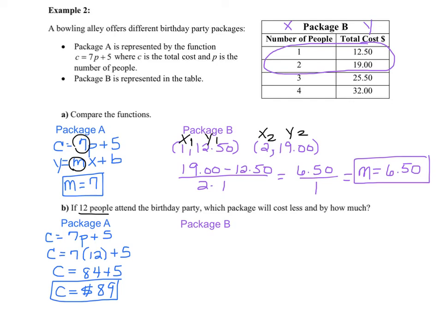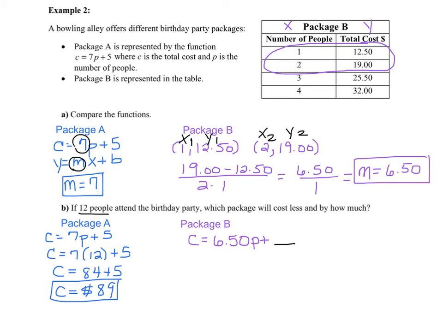So we have the cost equals, for package B, our rate of change, our m, we just found out, is $6.50 p plus my b is equal to, well, what's our b? How do we find our b? So how do we find our b value here?